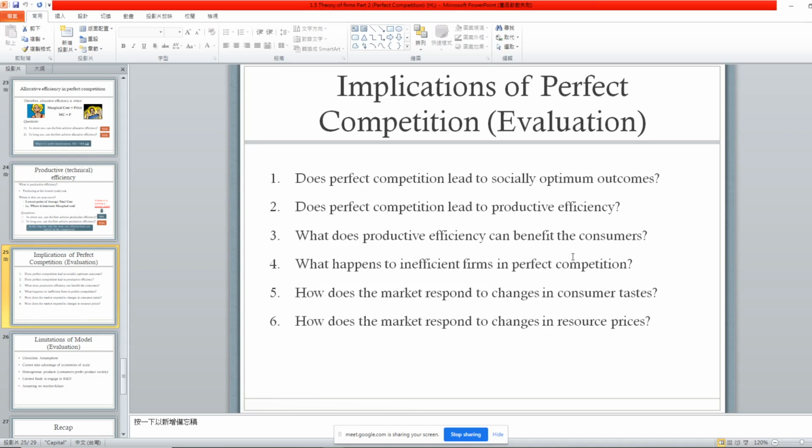Because of the efficiency, the goods are going to be cheaper, so that'll be great for consumers.